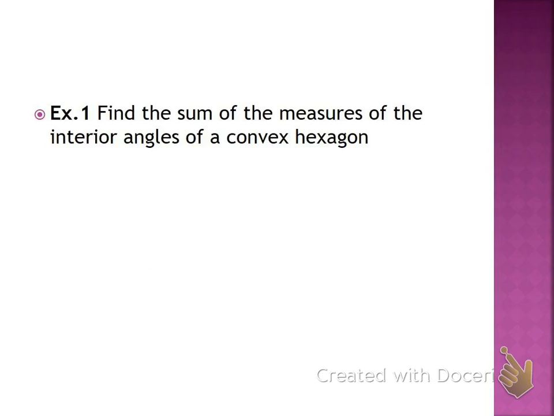You don't really need a diagram for this because we can just use that formula. How many sides does a hexagon have? 6. So we plug in 6 for n. By order of operations, what should we do first? In those parentheses, 6 minus 2 is 4 times 180 is 720.